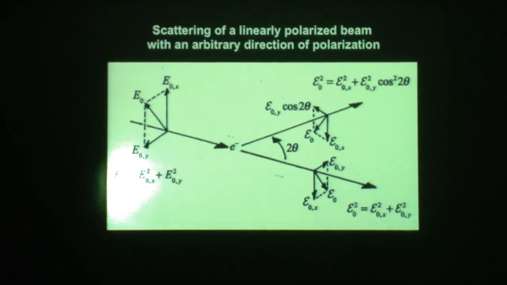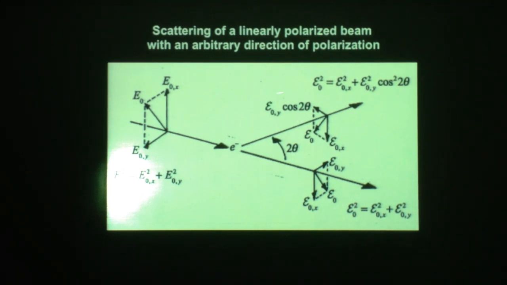And then if we allow for the fact that we are considering just scattering in the plane of x and z or y and z, the y component of the scattered beam would have to be adjusted by the cosine of 2 theta, the scattering angle.